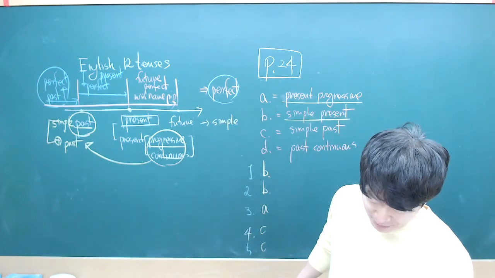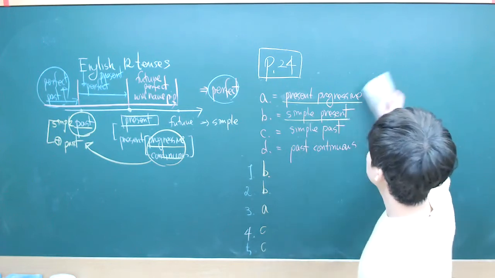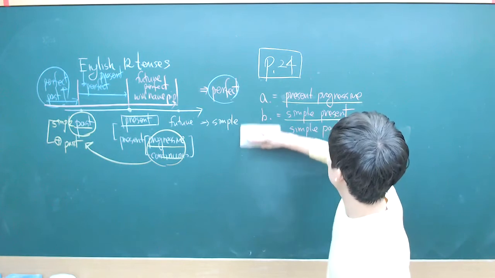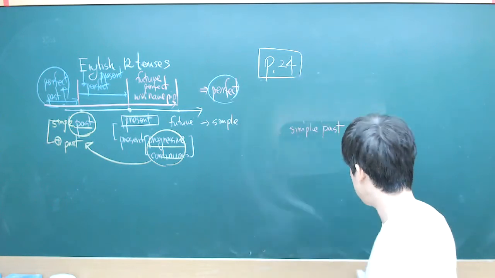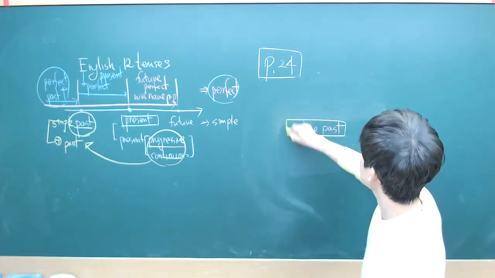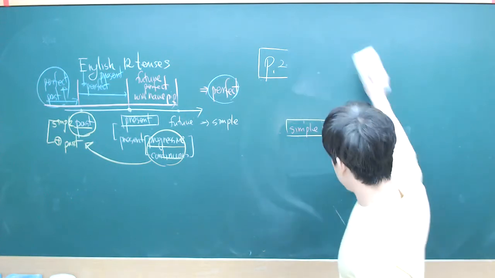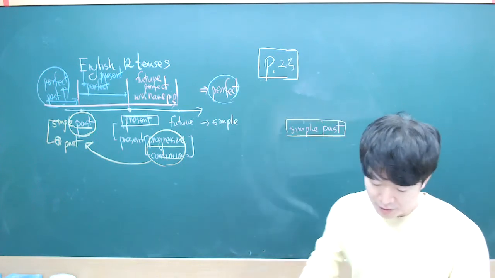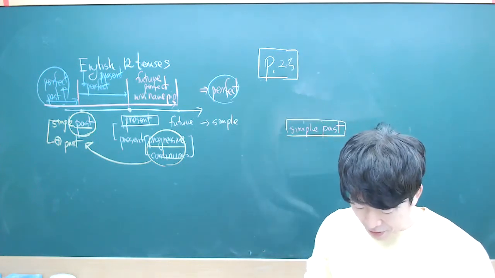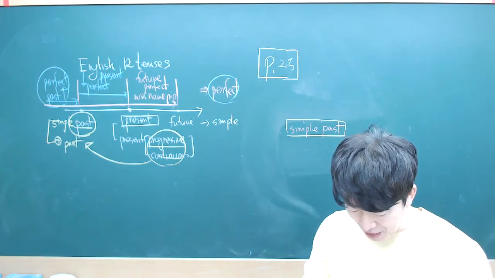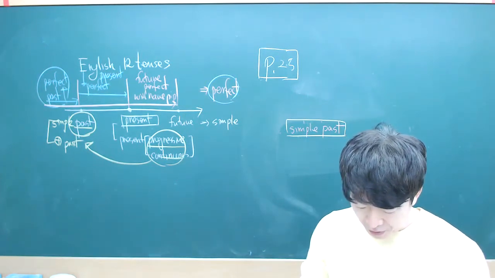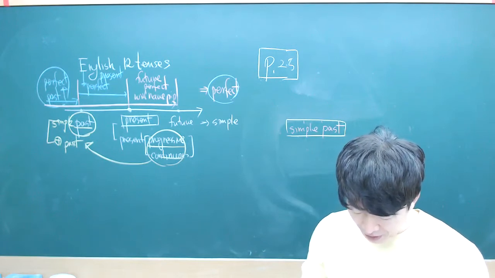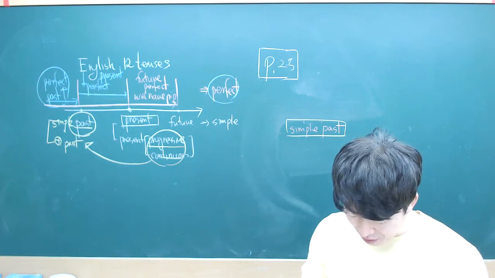2-1, expressing past time, the simple past. Page 25. Let's look at the parentheses A, B, C, D, E, F, G, and H. A, Mary walked downtown yesterday. B, I slept for 8 hours last night.